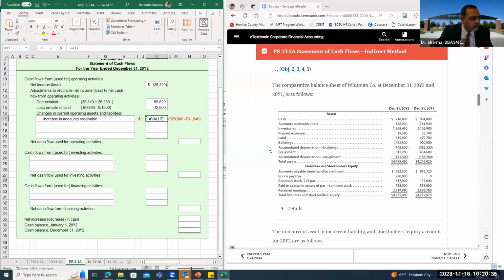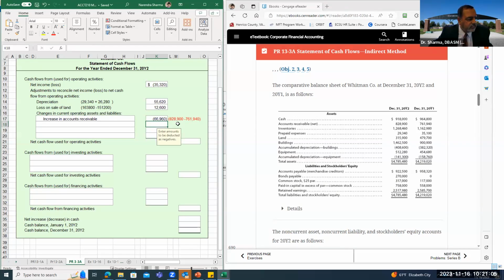Okay, I have to get a minus sign. There are 2 ways of doing it: either put a minus sign or start with a smaller amount to get a minus sign. Let's try doing that. So start with 761,940 minus 828,900.